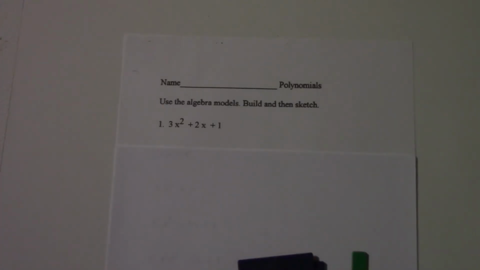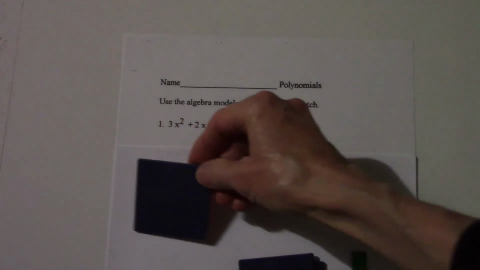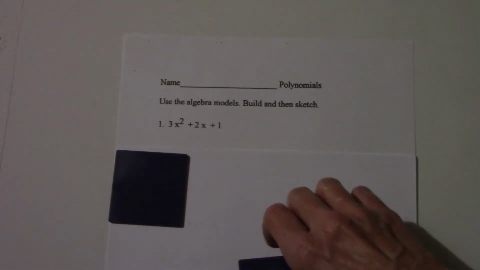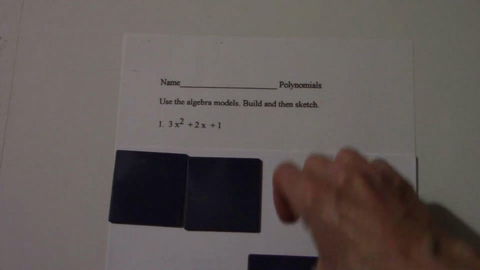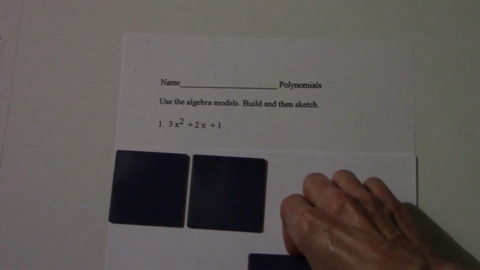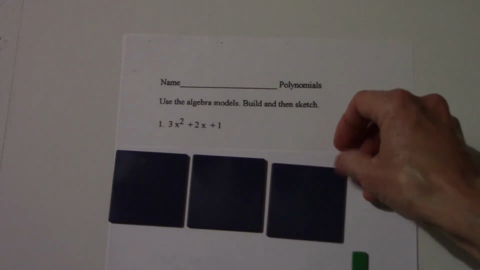Okay, let's practice building a few models using the algebra tiles. The first problem that I have here is 3x squared plus 2x plus 1. So I need 3 of the x squared tiles, and the blue is the positive side.